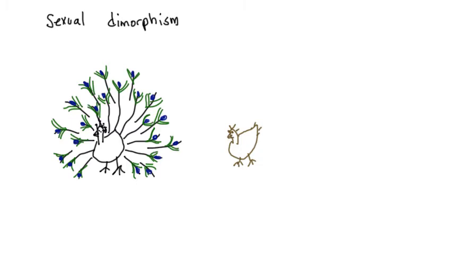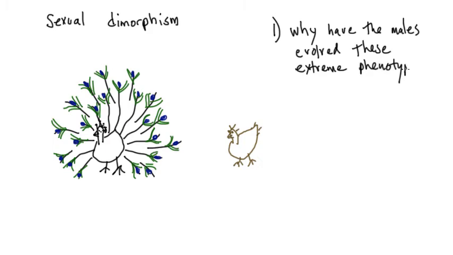And there's no possible way that these showy tail feathers, which are also heavy and bulky, are good for the peacock's survival fitness. They make the bird more obvious to predators and also slower to take flight. The first and obvious question is, why have the males evolved to have these extreme phenotypes if they're bad for survival?